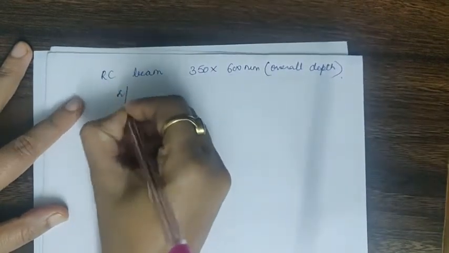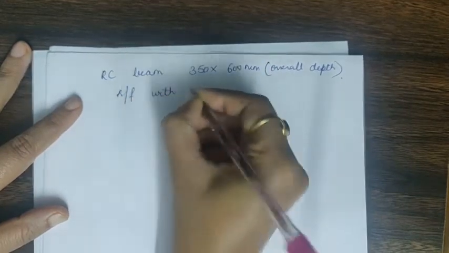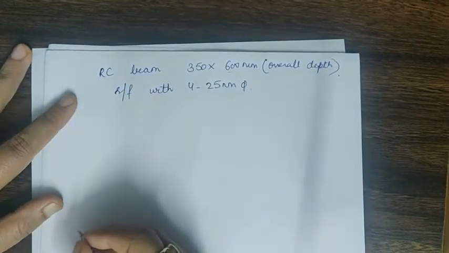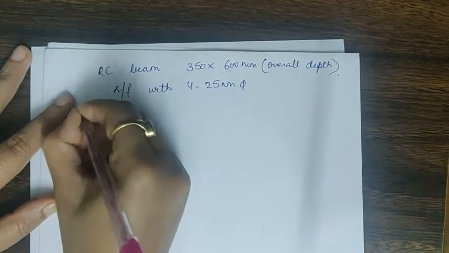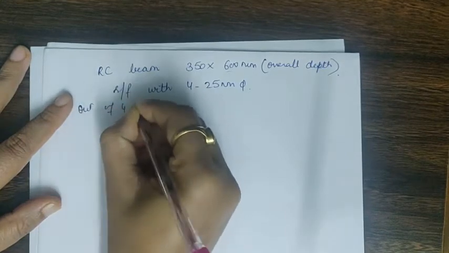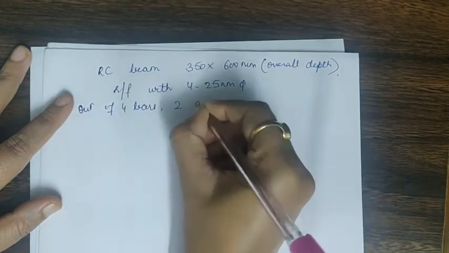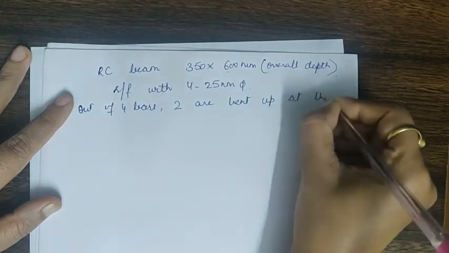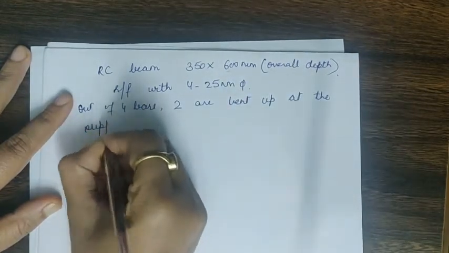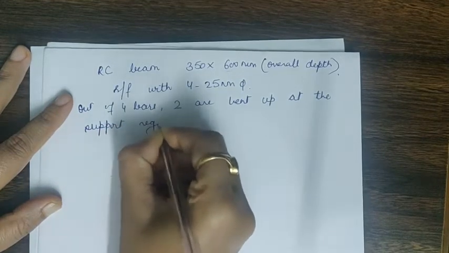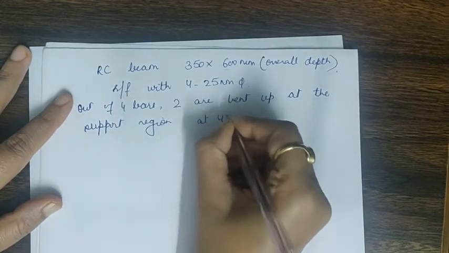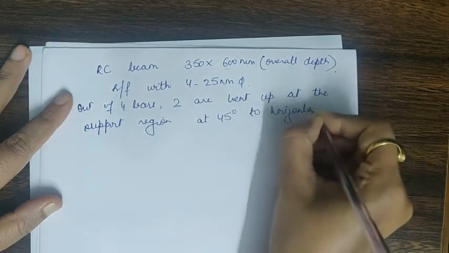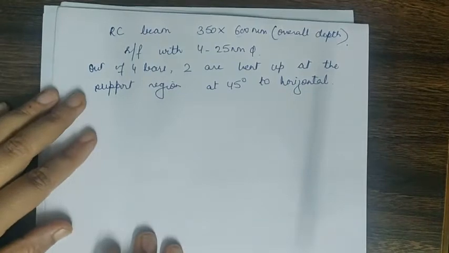It is reinforced with 4 bars of 25 mm dia, and out of 4 bars, 2 are bent up at the support region at 45 degrees to horizontal. So 2 are bent up at 45.